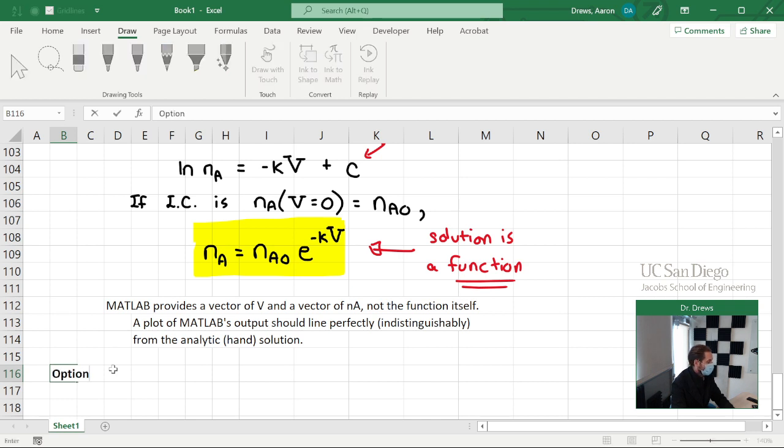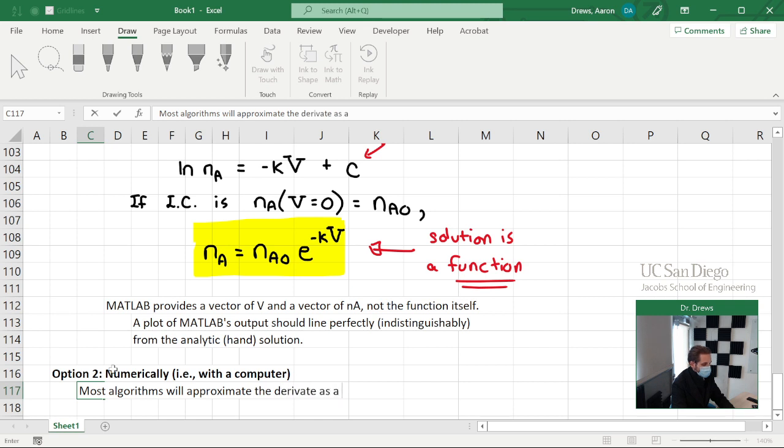Usually that's too difficult to do by hand. So the other option for a solution to an ODE is a numerical solution, i.e. with a computer. Most algorithms are going to approximate the derivative as a difference.